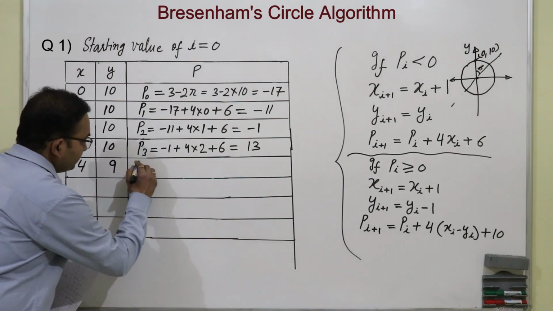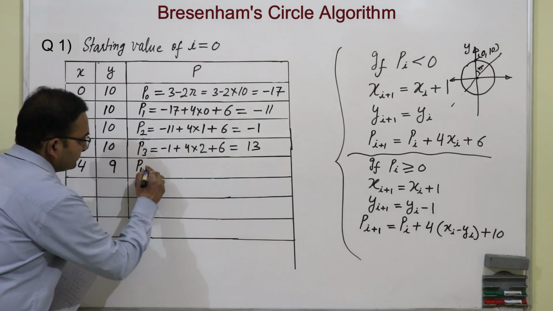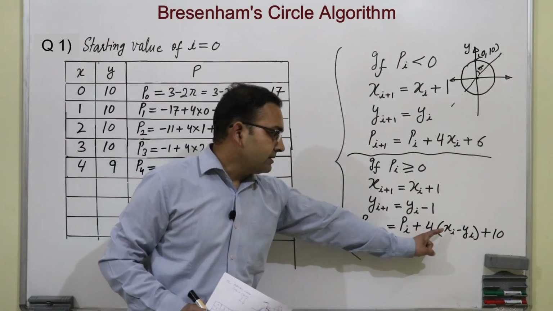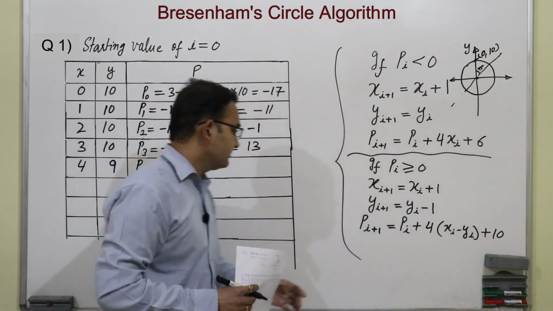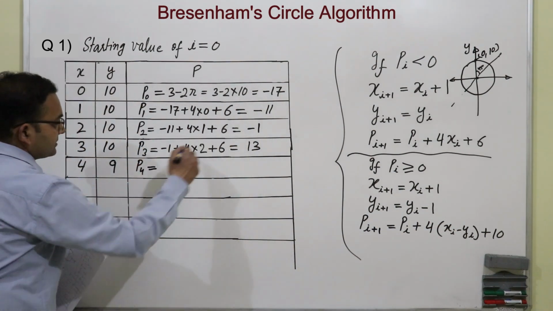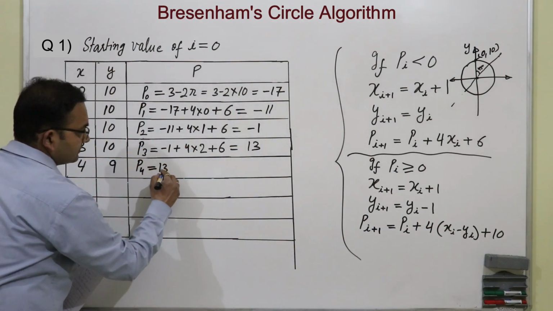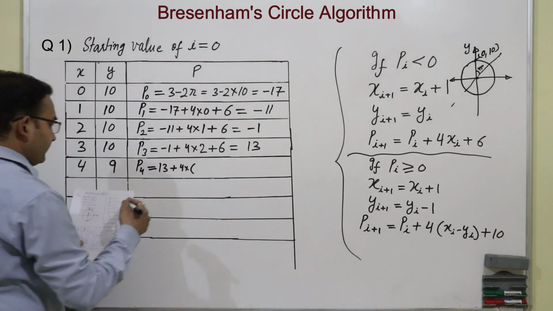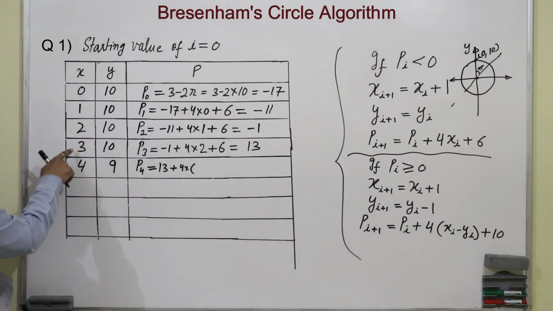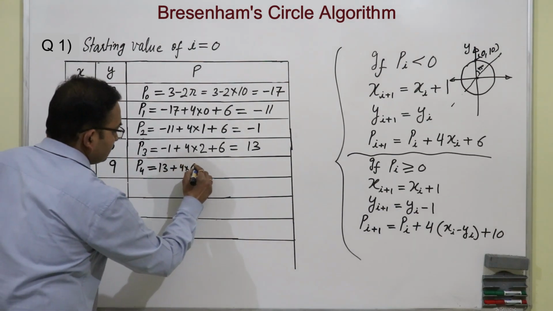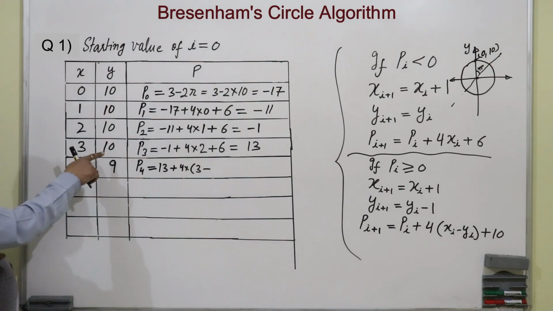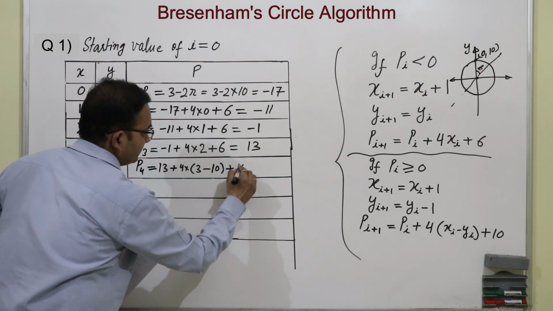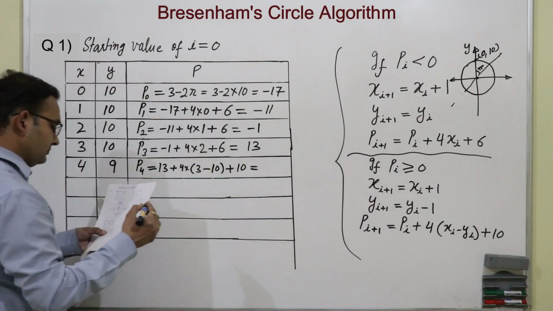Then P4 equal to Pi plus 4 times (xi minus yi) plus 10. Pi previous value is 13 plus 4 into (previous value is 3 minus 10) plus 10 equal to minus 5.